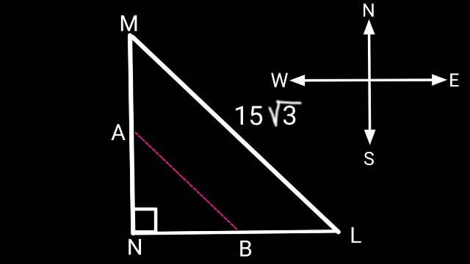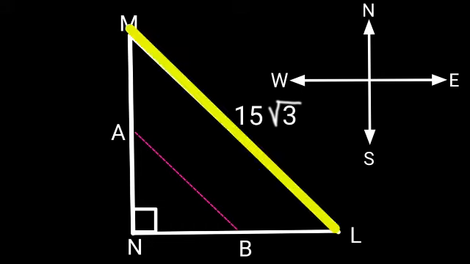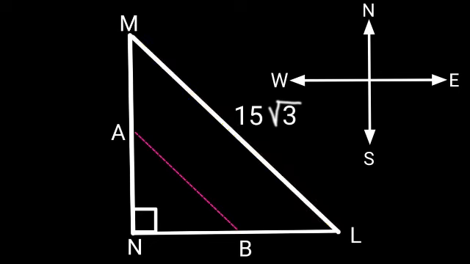After 2 hours, the distance between them, that is ML, is 15 root 2. NM and NL are the distances covered by both in 2 hours.